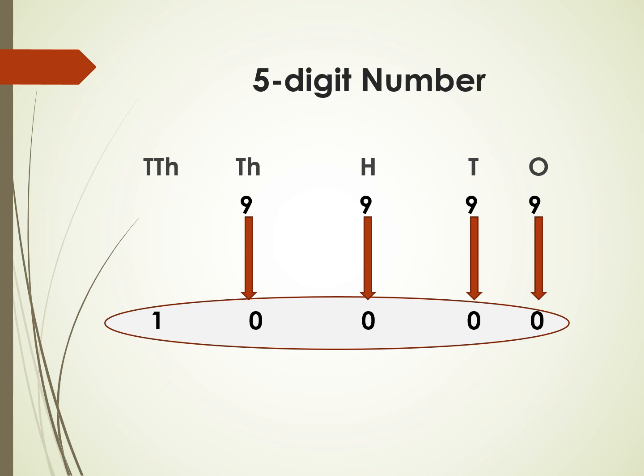Placing this number into its respective places, we need 5 columns. 4 columns already existed in case of a 4-digit number, which are ones, tens, hundreds, and thousands. For a 5-digit number, another column is generated, namely ten thousands. The number obtained is the smallest 5-digit number.